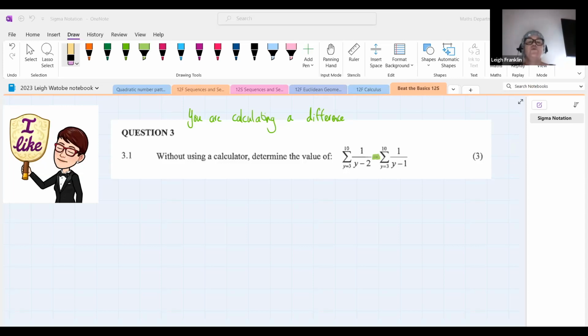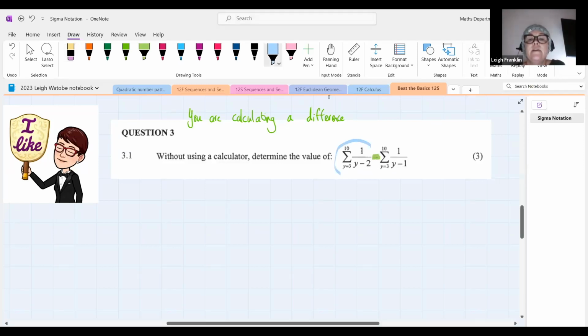No, Msomi, you're not trying to subtract two equations. You're actually subtracting two SNs. So you're calculating an SN using the first. You're calculating an SN.